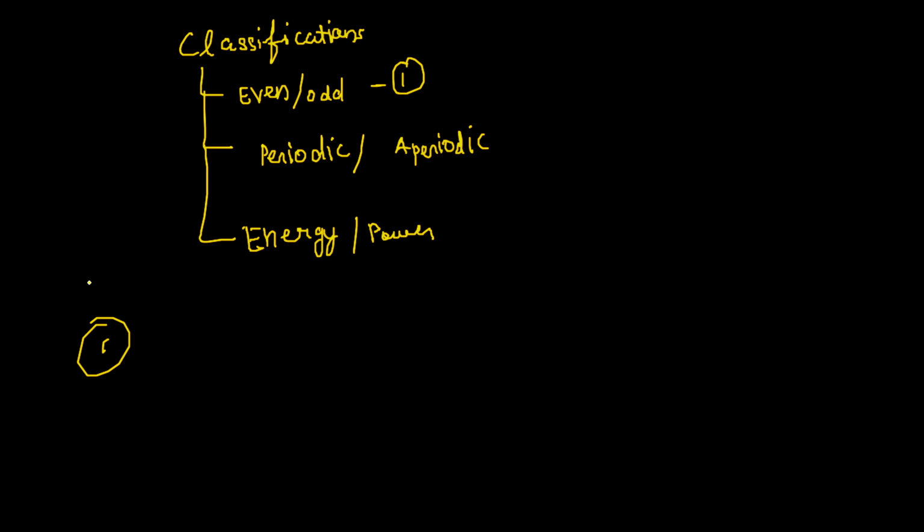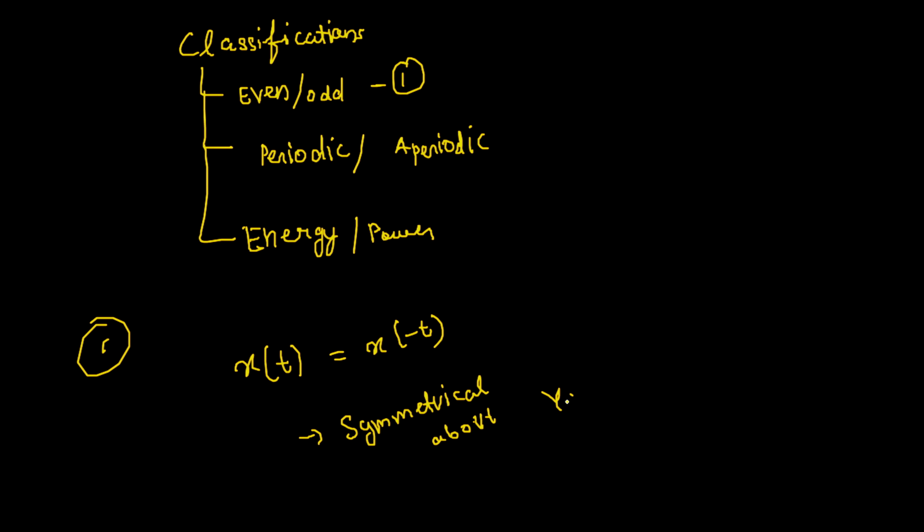An even signal is a signal where x of t is equal to x of minus t. So basically an even signal is symmetrical about the y-axis.